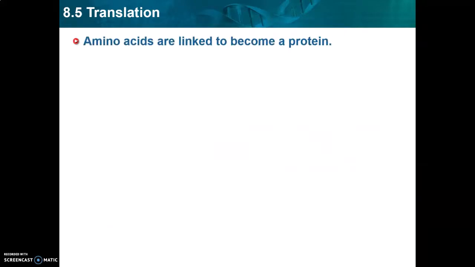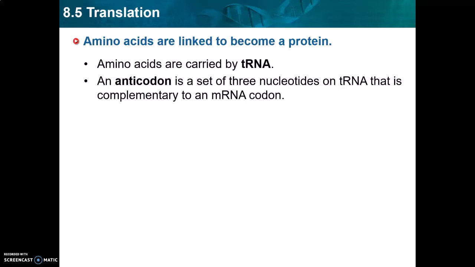So now that we know how to read the genetic code, let's talk about how those amino acids are linked together to actually become a protein. First of all, amino acids are carried by tRNA. Remember, tRNA stands for transfer RNA, has an anticodon. That anticodon is going to be complementary to the codon on a strand of mRNA.